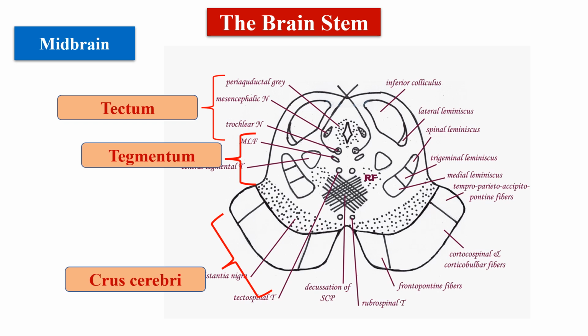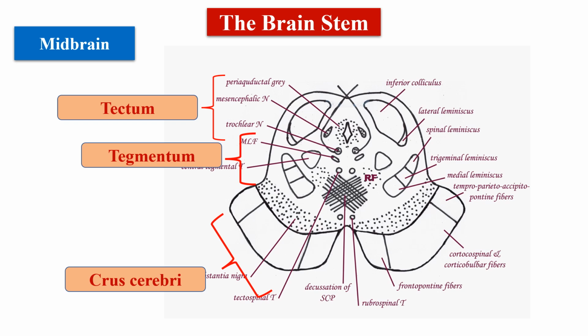What about the third part of the brainstem? You know that the brainstem is formed of what? Midbrain, pons, and the medulla. As regards the midbrain, it is formed of 3 main parts. What are the 3 main parts? From anterior to posterior, the anterior part is called the crus cerebri, followed by the tegmentum, followed by the tectum.